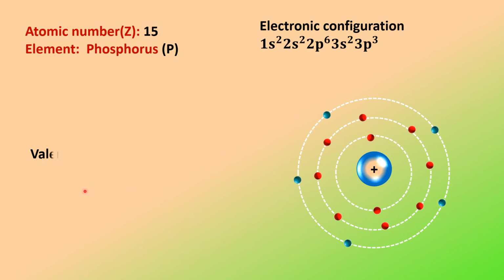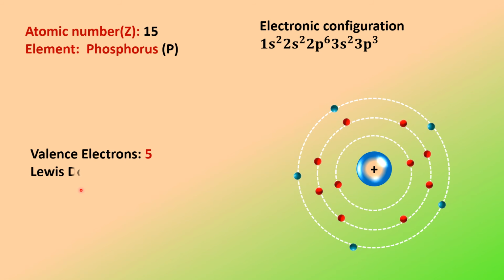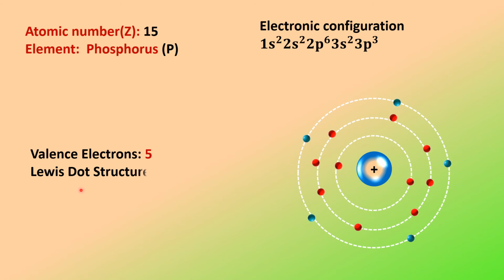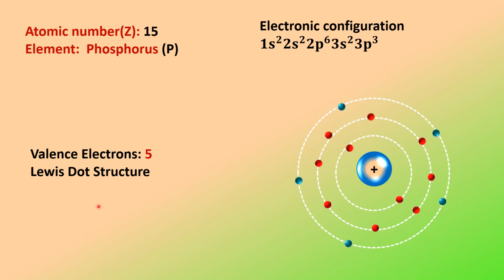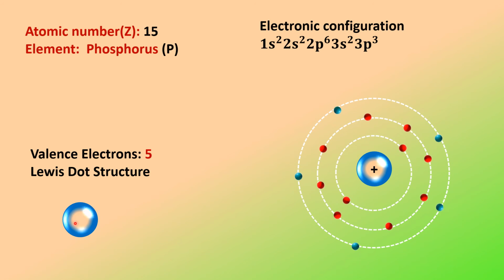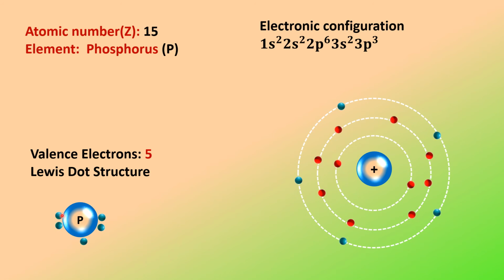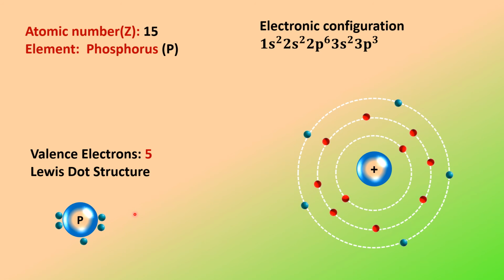Now we'll write the dot structure with those electrons. This is the phosphorus nucleus. These are the 5 electrons, which are called valence electrons. So this is the Lewis notation for phosphorus. Let us see the next element.